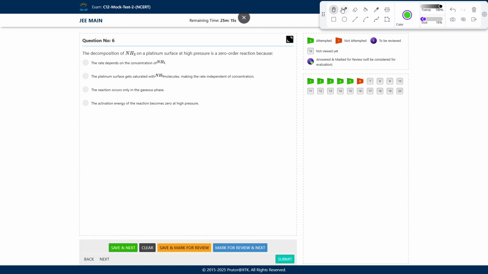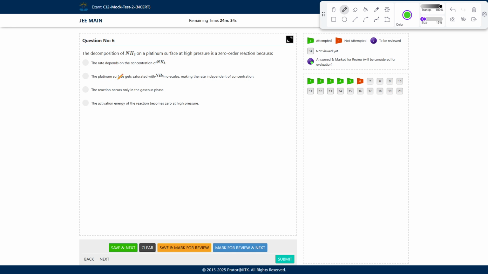So this question is asking us that the decomposition of ammonia NH3 on a platinum surface at high pressure is a zero order reaction because, so the ammonia decomposition into N2 and H2 basically on a platinum surface at high pressure is a zero order reaction because, so you have to tell the reason why this process is considered as a zero order reaction. Okay, so we have given 4 options. The first one is that the rate depends on concentration of ammonia.